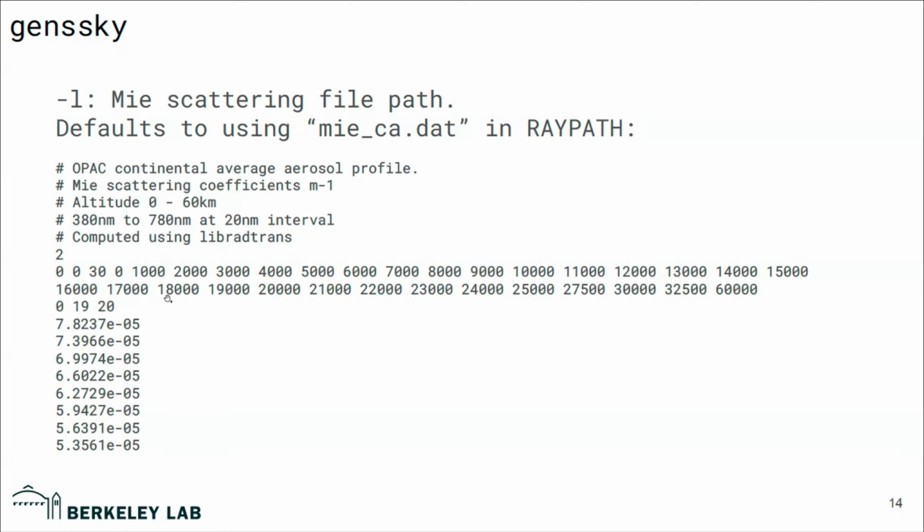And then the second dimension is spectrum. So it goes from top to bottom, going from the spectral range to the altitude. So that's your entire Mie-scattering coefficients. The units are in meters, so each of the scattering coefficients is per meter.